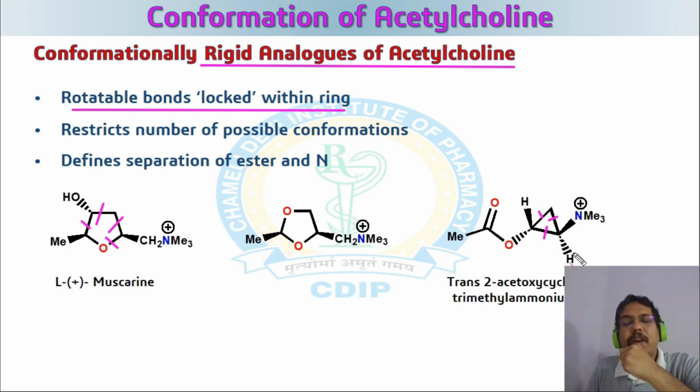But these two forms are not interchangeable. When the quaternary amine group lies on the same side, it is known as cis geometry. In the trans case, the space between the quaternary amine nitrogen and oxygen is different as compared to the cis geometry.